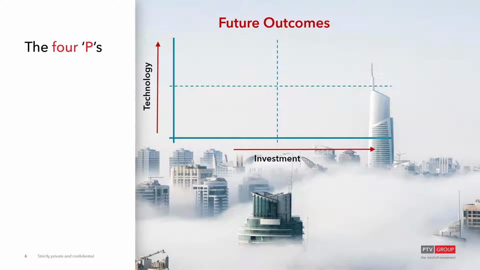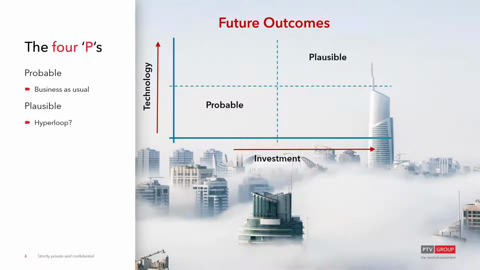And we've got four future outcomes that we can consider here. And the first one is probable. This is where you really don't invest in much, and you're taking existing technology, and you're going to get a probable future. Business as usual.